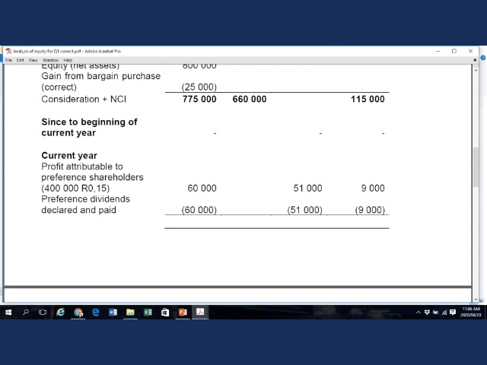Because the subsidiary also has preference equity participants, you also have to do a current year attribution and dividend declaration for the preference shareholders. So this is now an extract from the preference share analysis. What happens here is that the 60,000 that you've moved out of the ordinary share analysis gets attributed to the preference shareholders at their respective percentages.